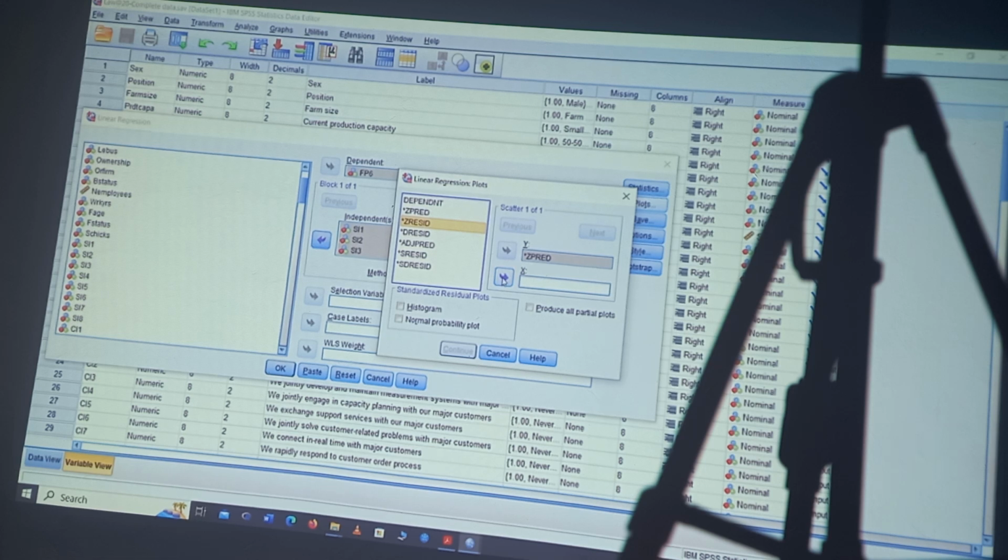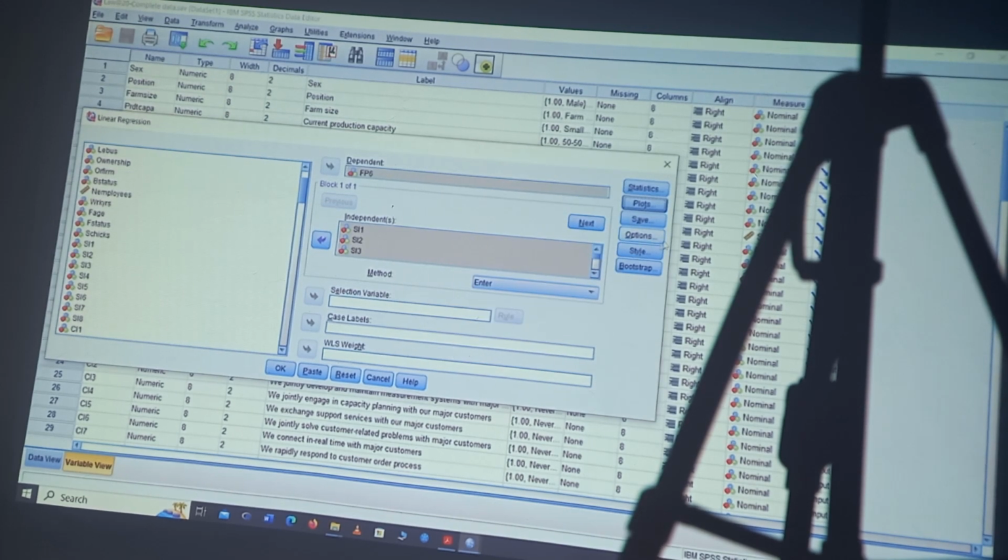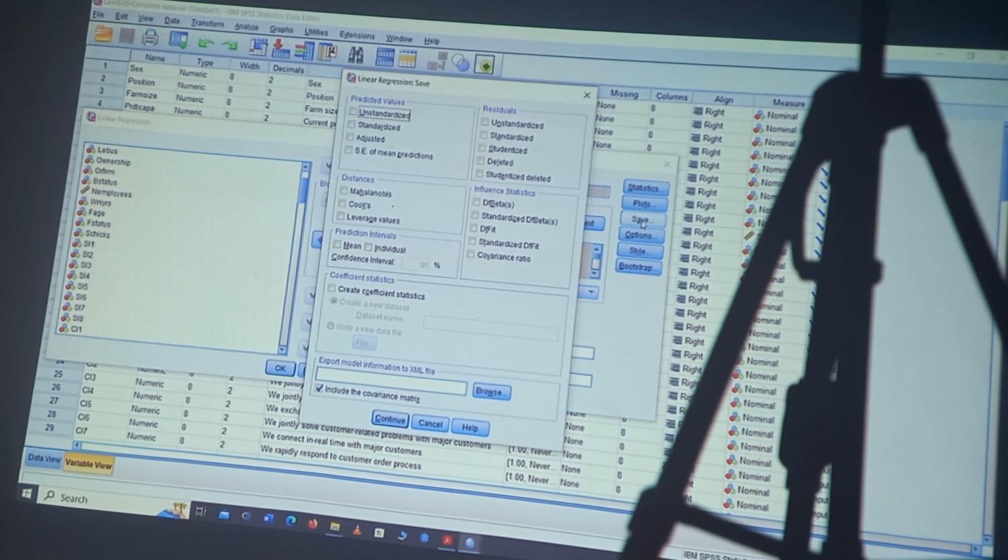You place it at the X. Come to the standardized residual plots, and click on histogram and normal probability plot. And then you continue. They are technical terms. Take them as you have been told.